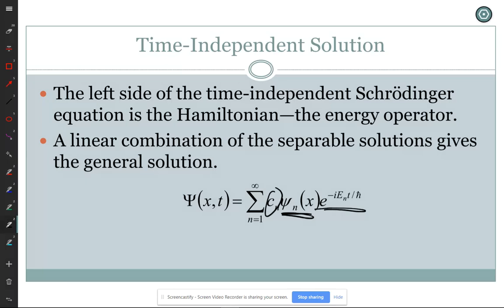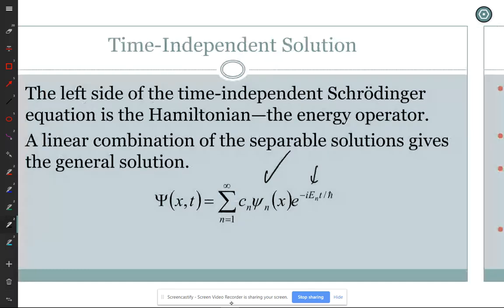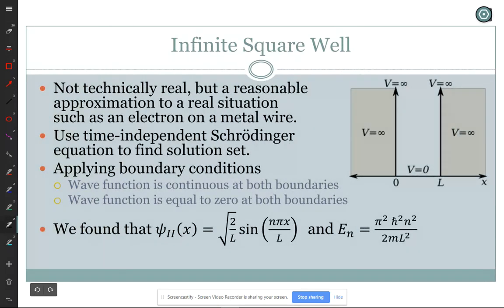Today we're actually going to do that part, because we have found the energies, and so now we're going to go on to how we put them together. So here's a summary of the work that we did last class period.